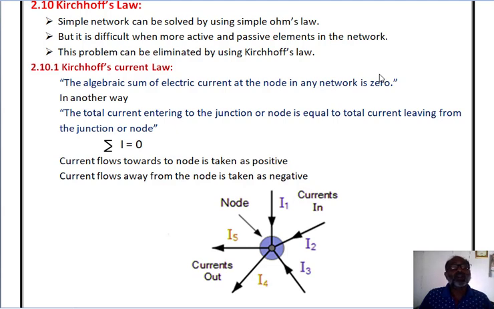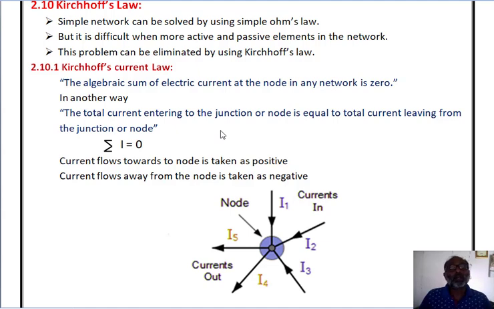In Kirchhoff's current law, the algebraic sum of electric current at any node or junction in any network is 0. We can also define it in another way: the total current entering the node or junction is equal to the total current leaving from the junction or the node. So here we can write sigma I is equal to 0.